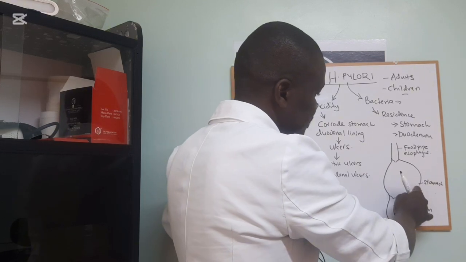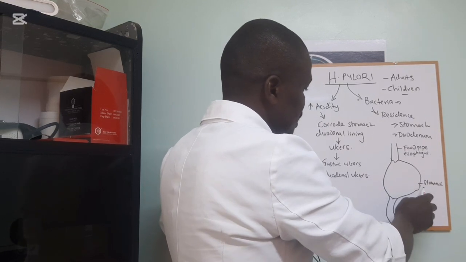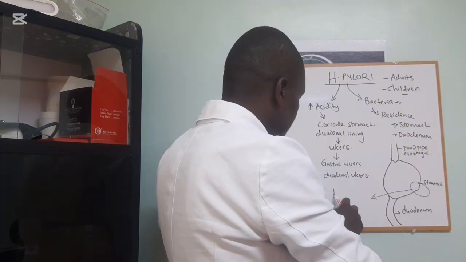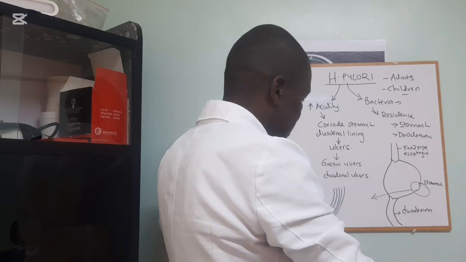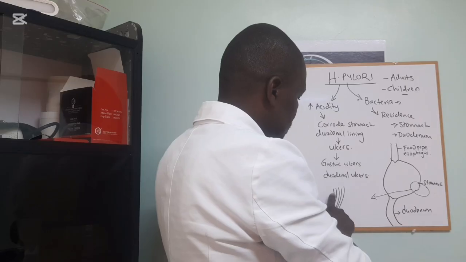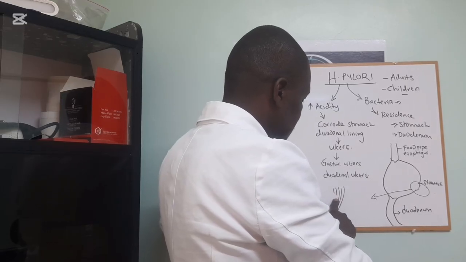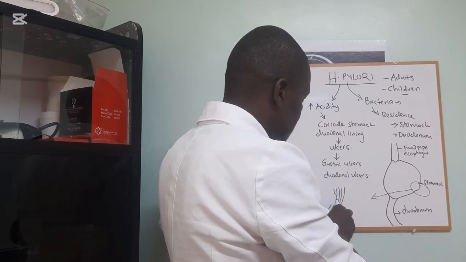An ulcer is a break in the skin. If you can magnify this, let's assume the normal stomach wall is lined like that. Okay? So, when you have corrosion because of the excess acidity, then you have a wound that appears like that.